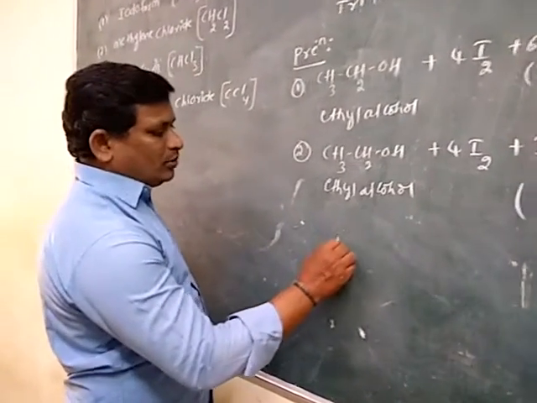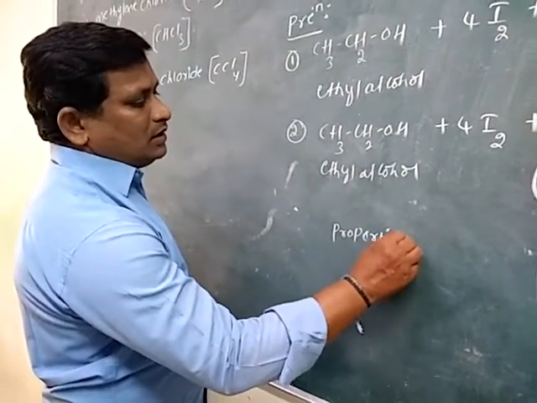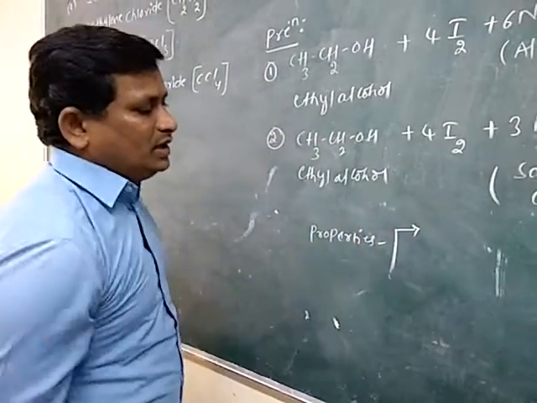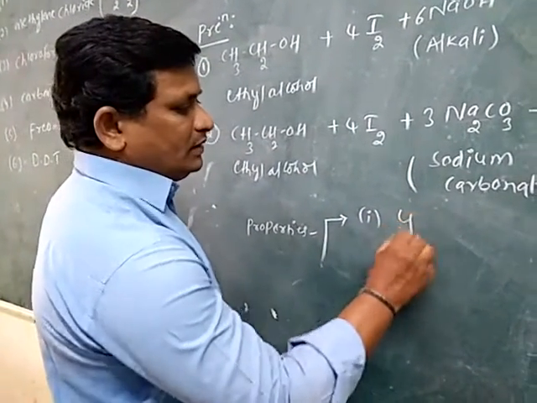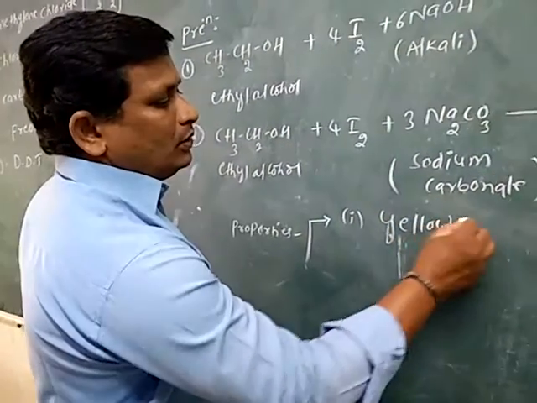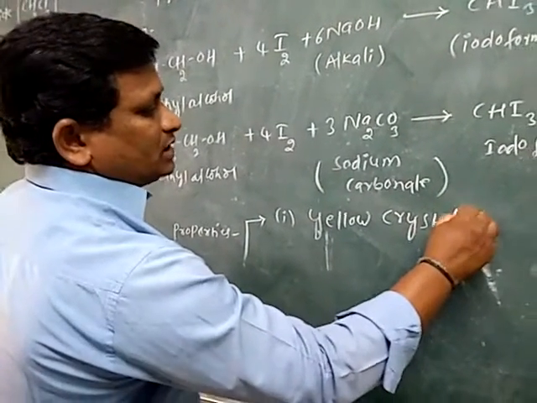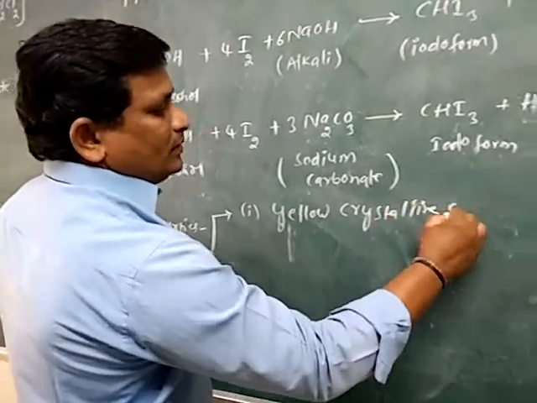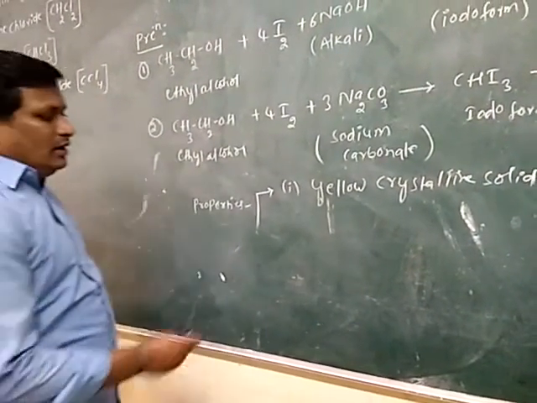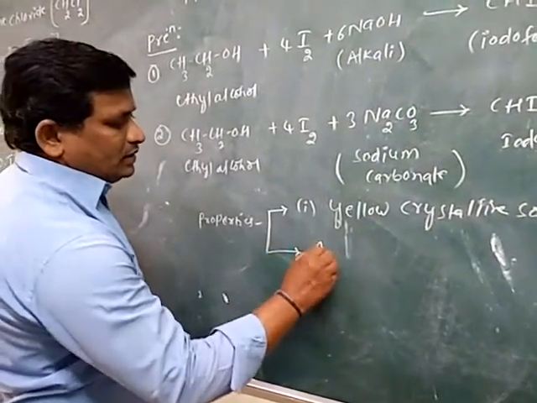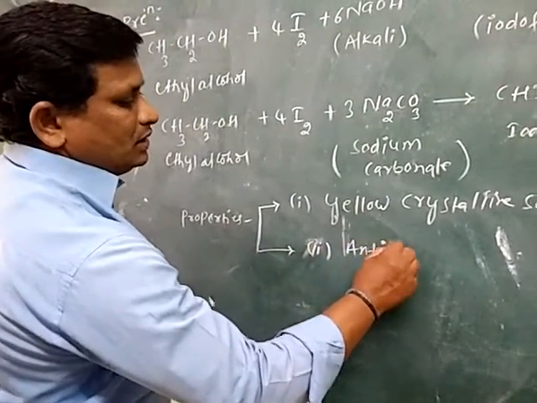Now, the properties of iodoform. It is a yellow crystalline solid, and it is used as an antiseptic.